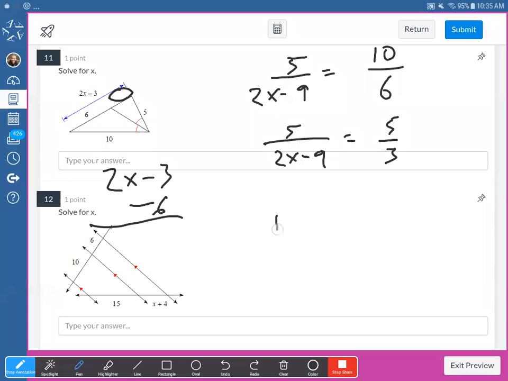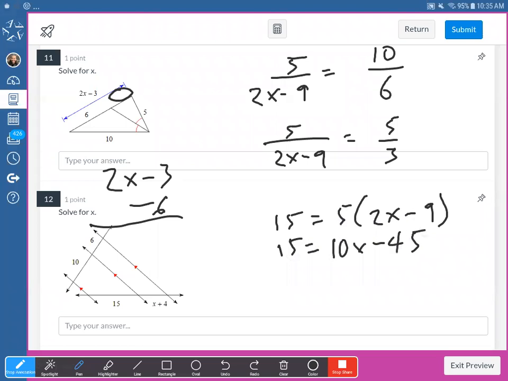So cross multiply, you get 15 equals 5 times 2x minus 9. So 15 equals 10x minus 45. So that's plus 45, going to be 60 equals 10x. Then x equals 6. There you go. That's number 11.